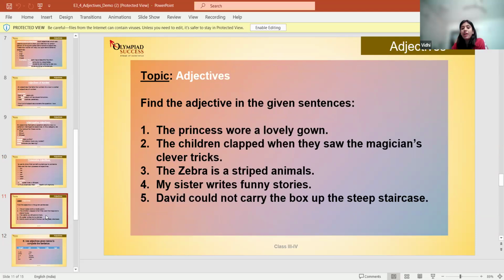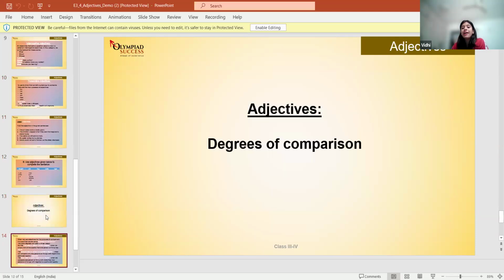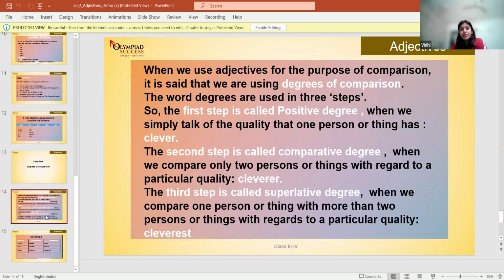This we've done, and degrees of comparison. There are 3 steps: positive, comparative, and superlative. Positive, when we simply talk about the quality of one person or thing. Comparative, when we compare two things or two persons.